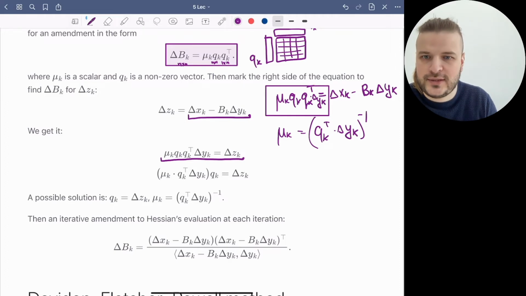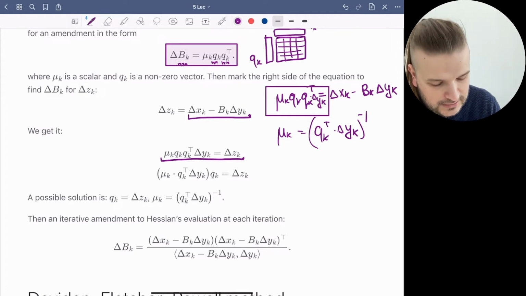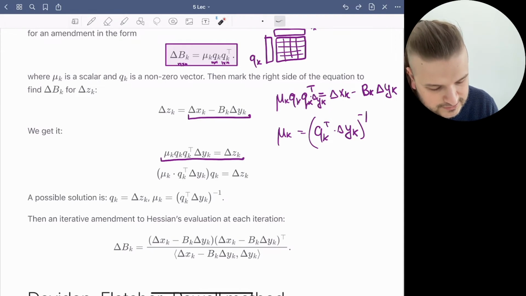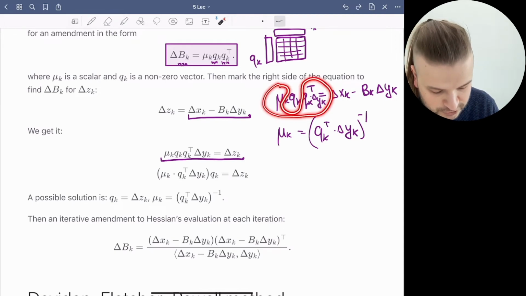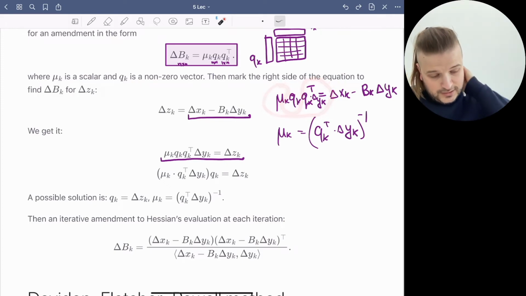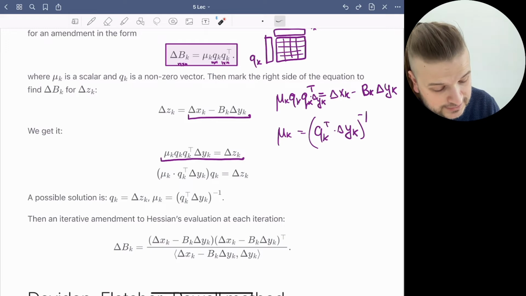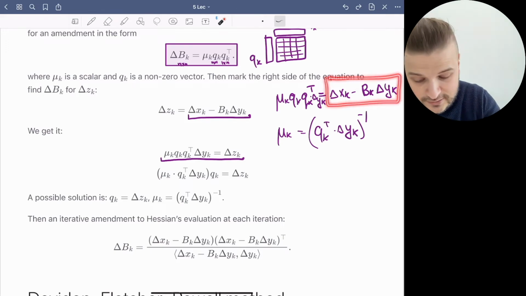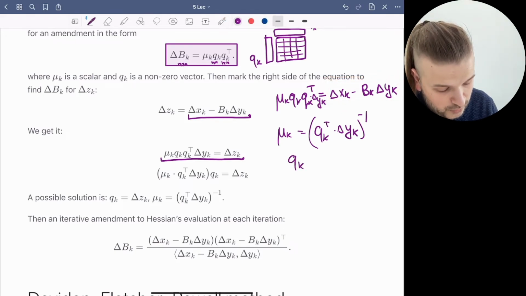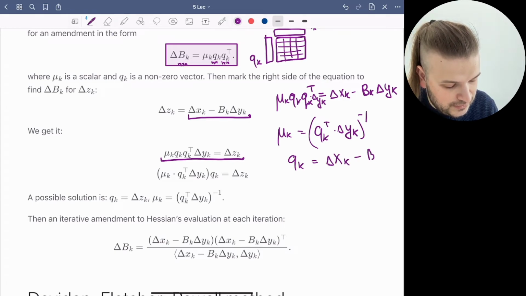That's pretty possible. Again, that whole expression will be just 1. And about qk, it will be just equal to this: qk will be equal to delta xk minus bk delta yk.